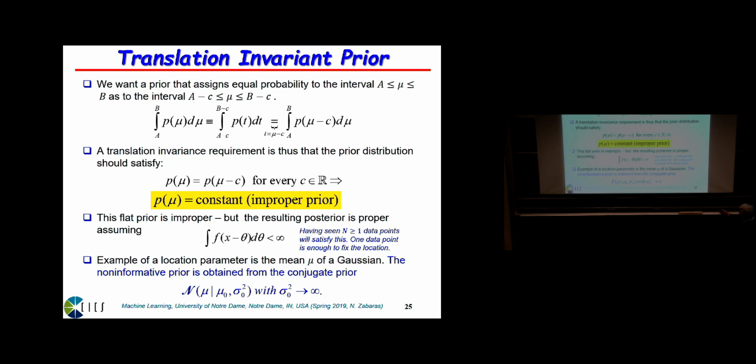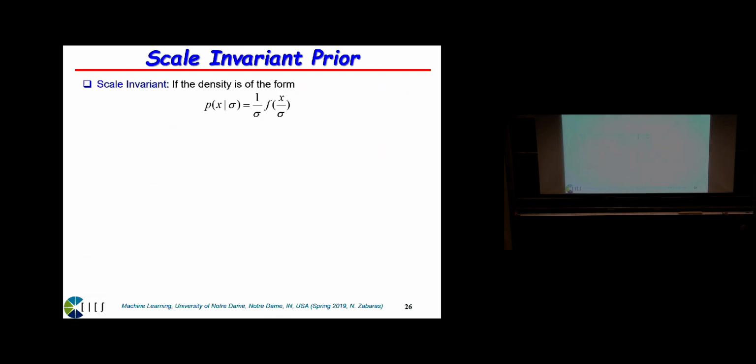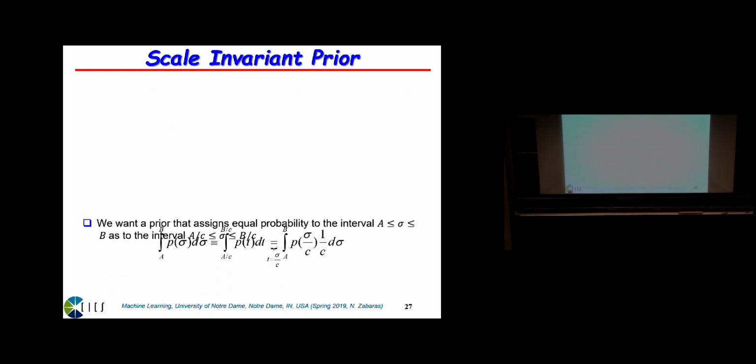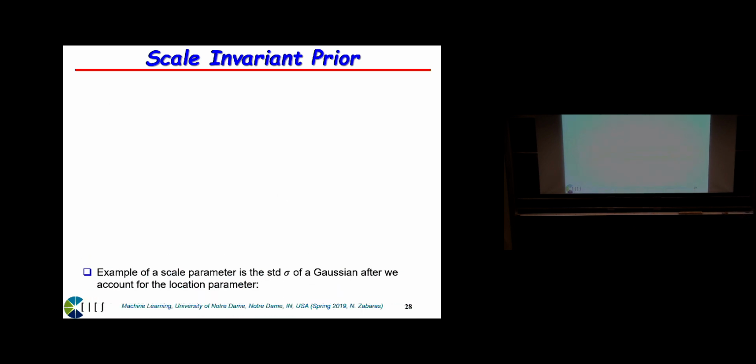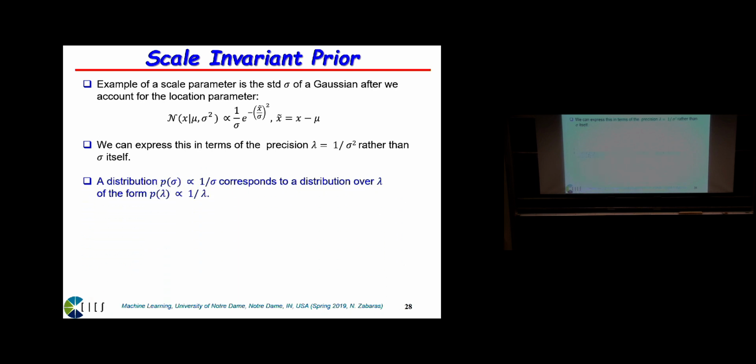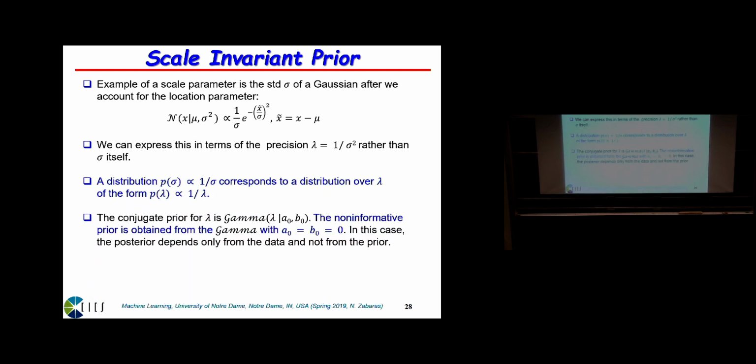So remember P of mu equal to constant, and when you talk about scale invariant, we're referring mainly to the variance, and the improper prior is 1 over sigma, okay? And remember, for P of sigma squared it is also 1 over sigma squared, okay? It comes from the transformation laws using this improper prior. All right, so this is basically the same idea here.